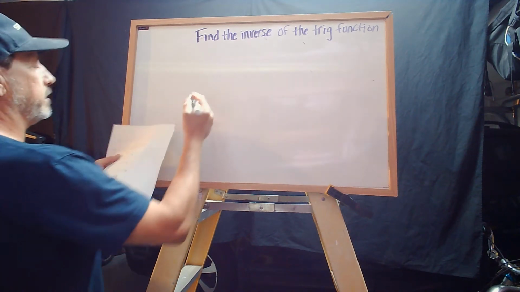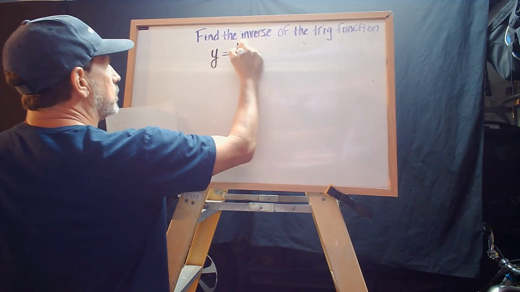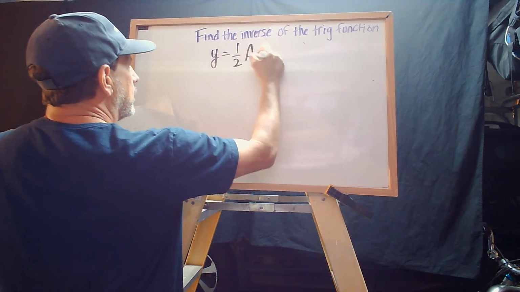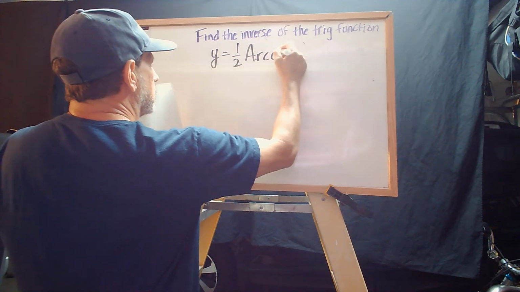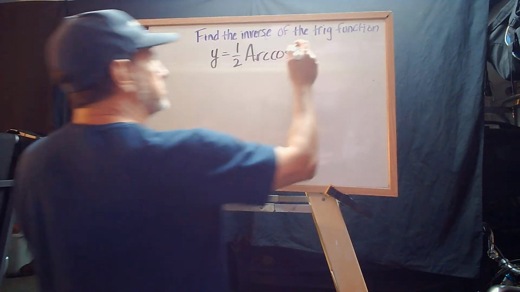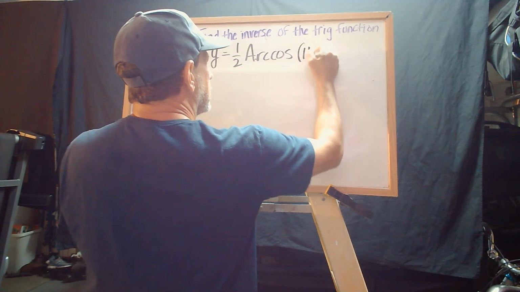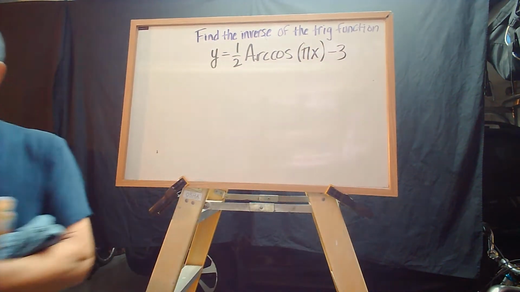So we're going to find the inverse of y. Y equals 1/2 arc cosine pi x minus 3, and then minus 3.